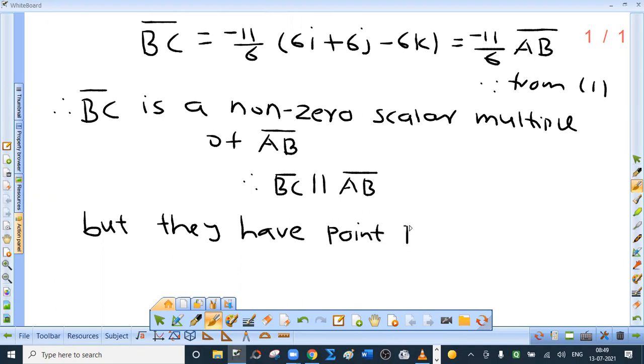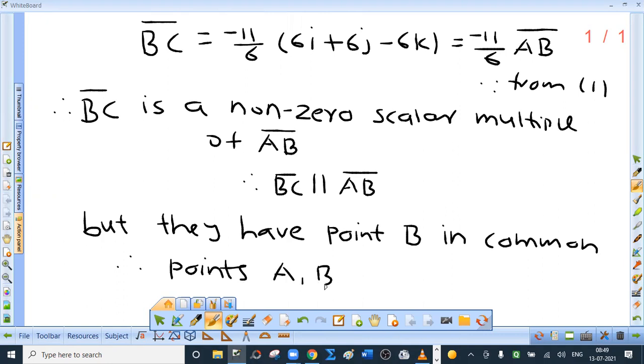Therefore, points A, B, C are collinear. This is how you have to present.